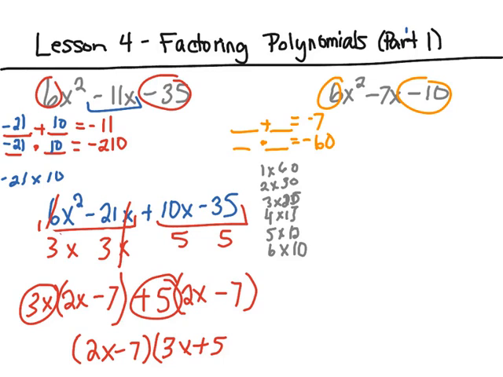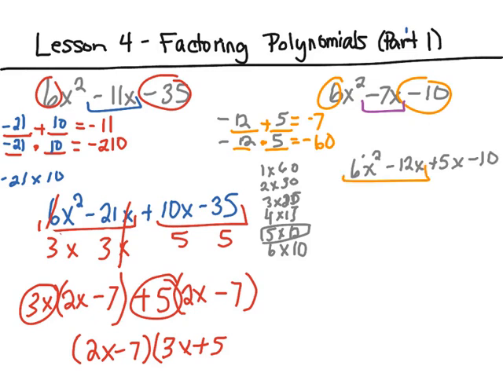And the ones that work are 12 and 5. So we have negative 12 plus 5 to make negative 7. So we're going to break up our middle term. So we have 6x squared minus 12x plus 5x minus 10.